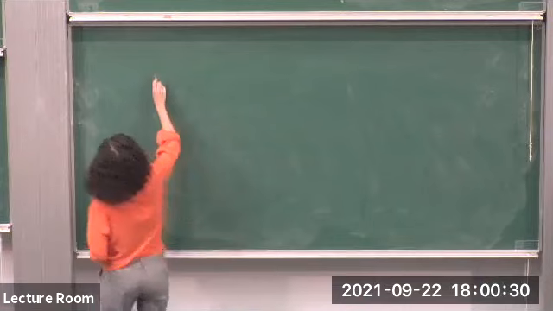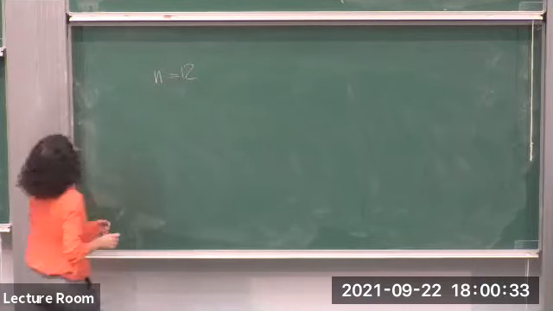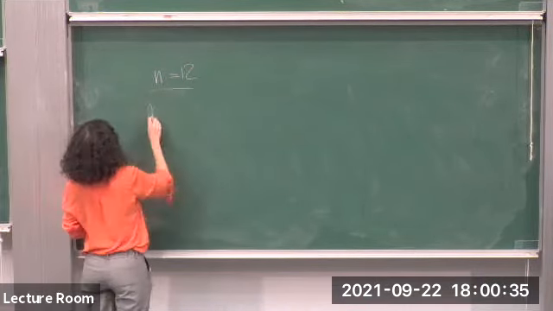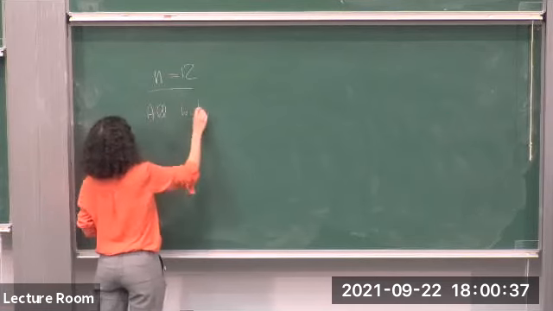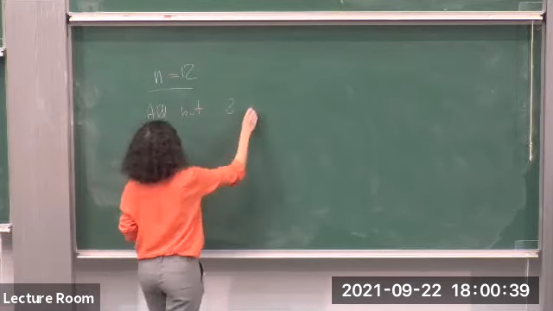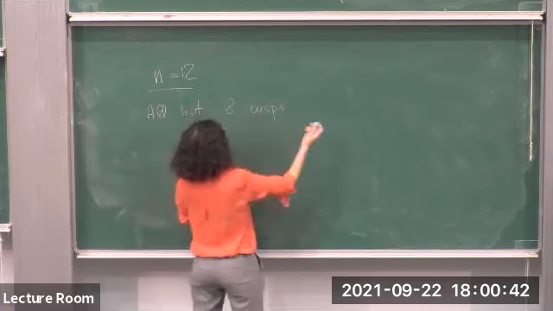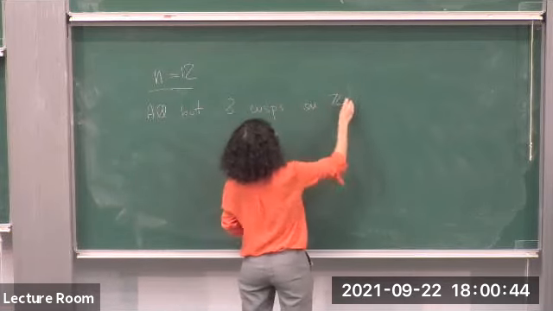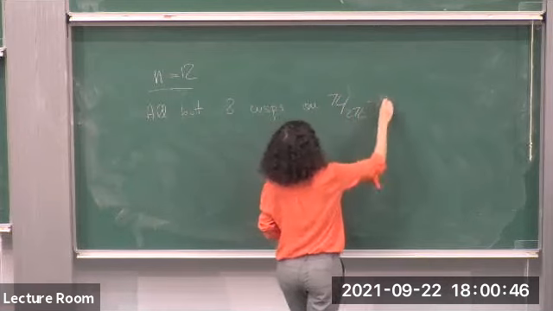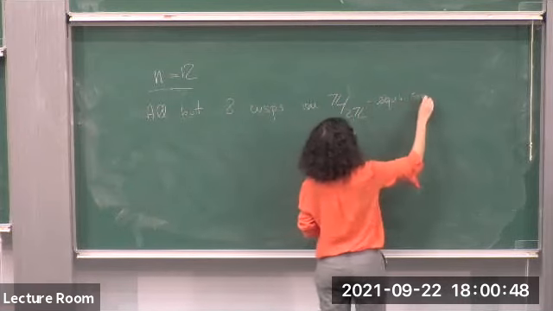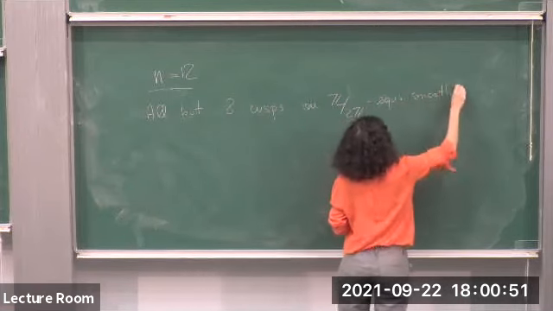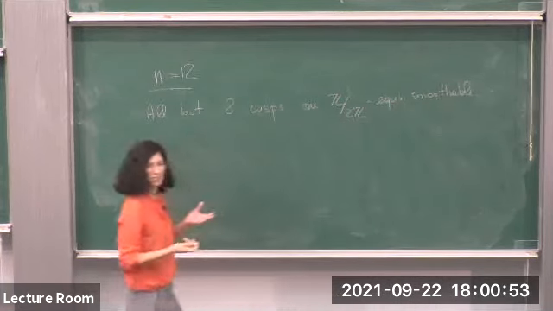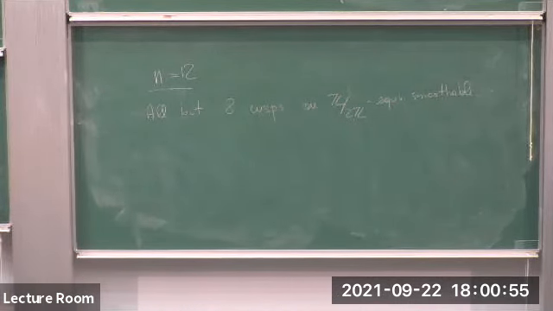So for n equals 12, all but 8 cusps are known to be equivalent to a mutable one. There are these 8 cusps for which we could not construct the corresponding Rienger pair with an antisymplectic involution.